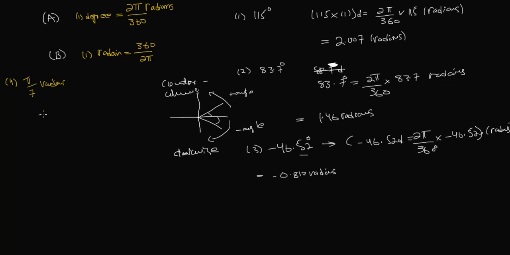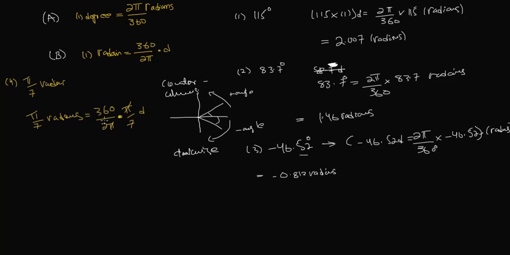Now let's multiply both sides by pi by 7. Actually there should be d, divided by pi multiplied by pi by 7 degrees.